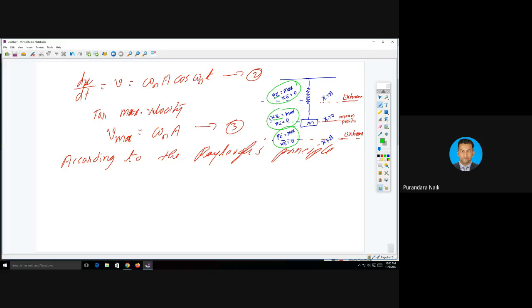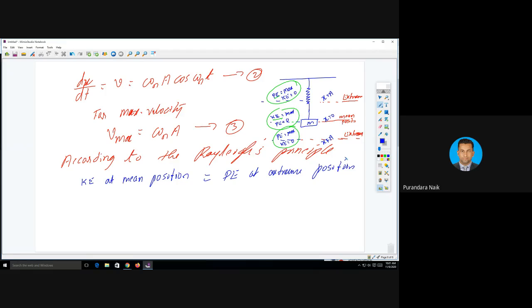All the potential energy will be transferred to kinetic energy. According to Rayleigh's principle, kinetic energy at mean position is equal to potential energy at extreme position.